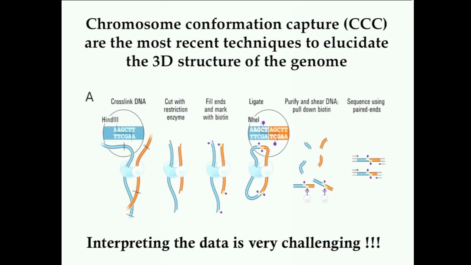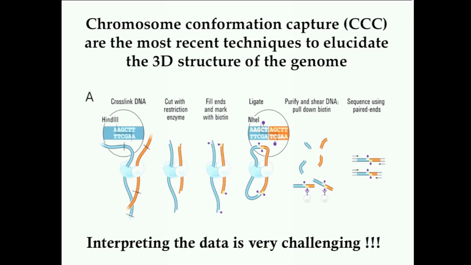And from here, because we know the sequence of the human genome, we can sequence these sections, and then we know that this part corresponds to 1 chromosome, and this part corresponds to another chromosome. Therefore, if I see this frequency or this type of readout very often, I would say that those sequences were in close proximity for most cells, right?